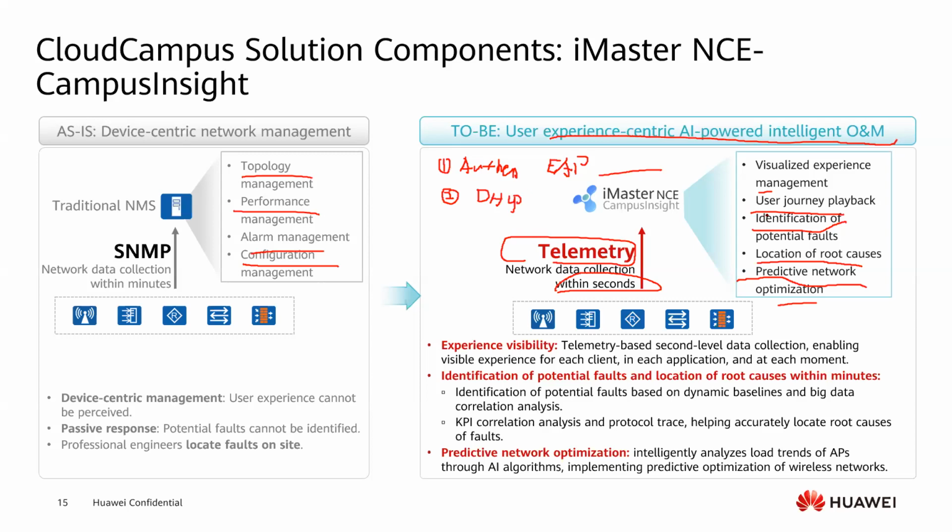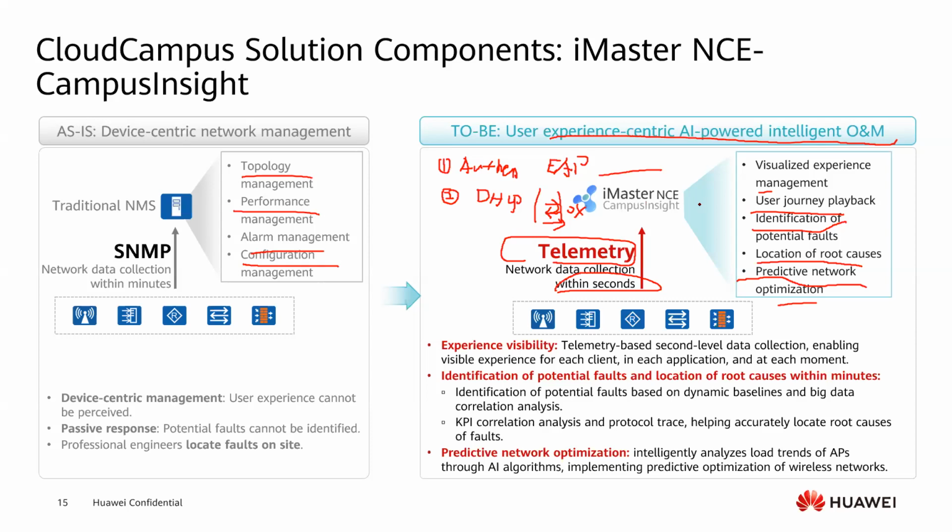So the user journey playback will tell me the whole process of the packet exchange, such as the DHCP request and offer packet exchange between the client and the server, and if any step of the process fails, it will be visualized and displayed for you, and you can locate the root cause of the problem just by the user journey playback.